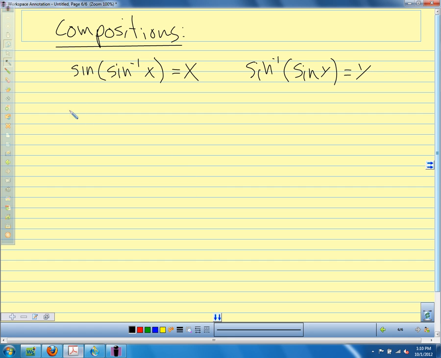And I'm going to say the same thing for the cosine, and the same thing for the tangent.